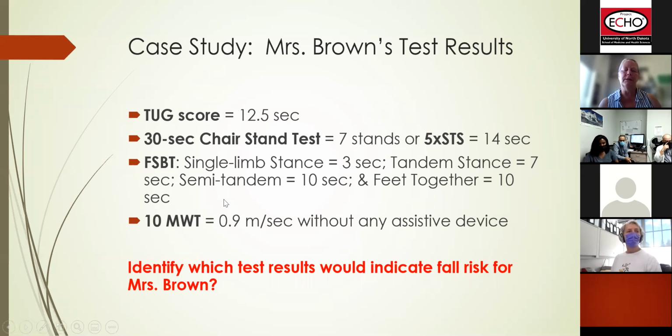And we would have liked to get 1 meter per second. She didn't get the 0.7 that would put her at a greater risk, but she still fell below that. So in 3 of the 4, she exhibited fall risk. So we have concerns with Mrs. Brown. Her concern that she has fallen previously, concerns with her past medical history, and now concerns with the screening that we did.